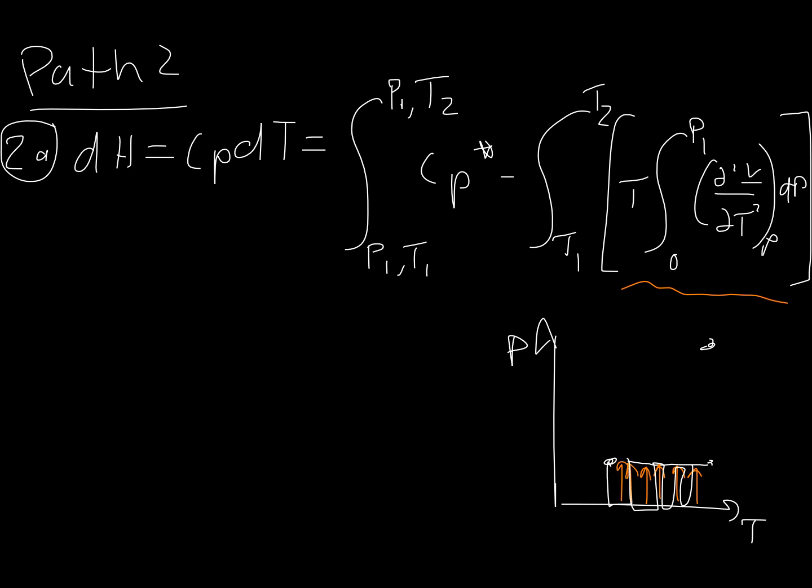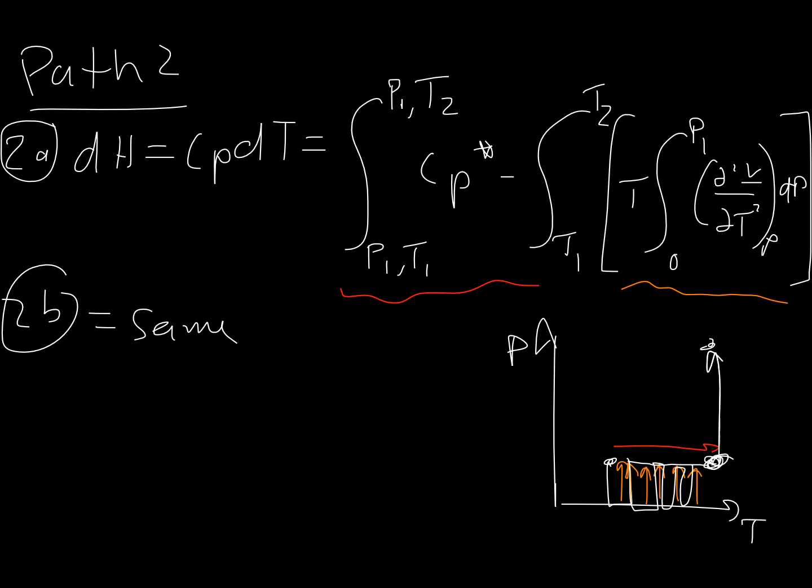Then this section here is marching along that way. So in essence, we're doing the same amount of work, but the math is clearly much uglier here. And then for step 2b, it's the same as before. You just, instead of going from pressure equals 0, start off here at some arbitrary pressure and then finish the job up there.